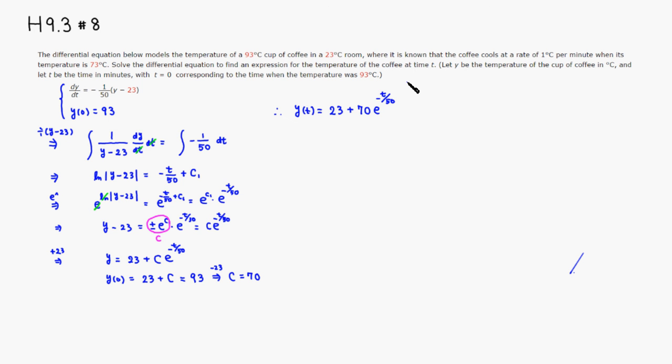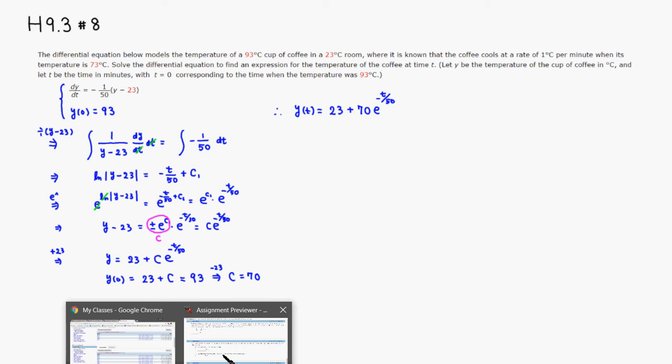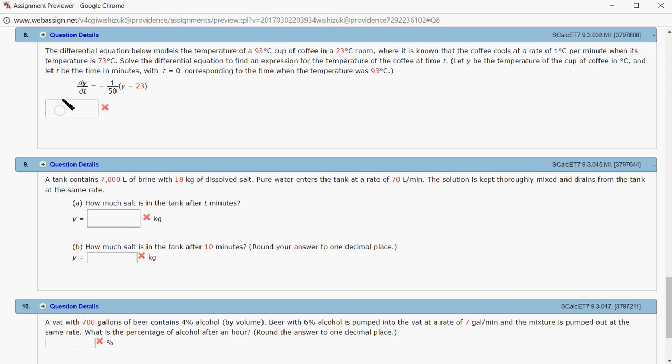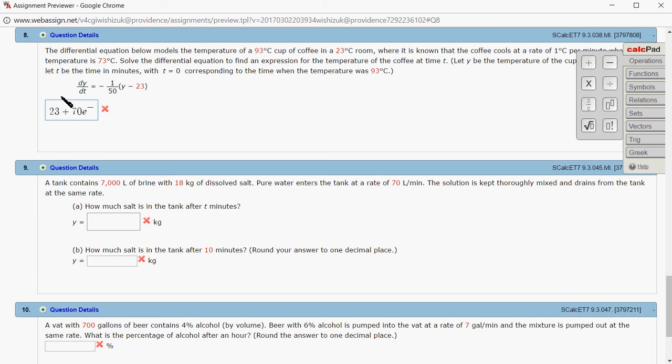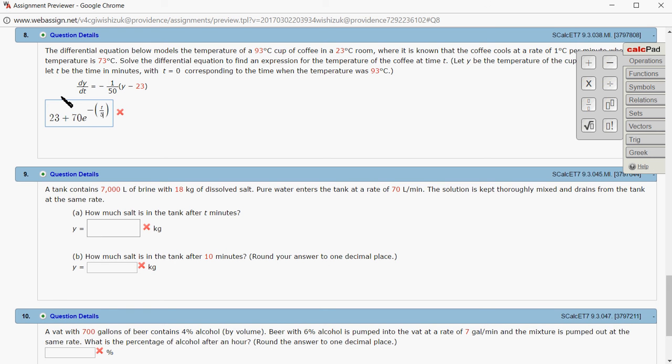So let's type this in. We're talking about the y of t expression, so I'm going to go ahead and type in 23 plus 70 e to the negative t over 50.